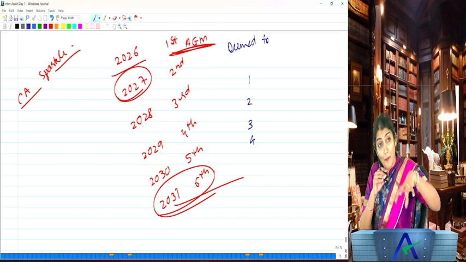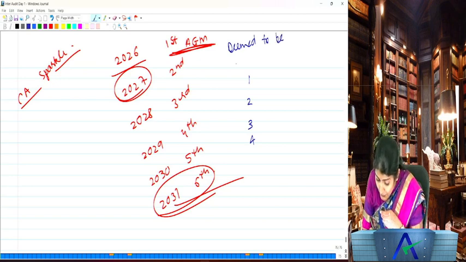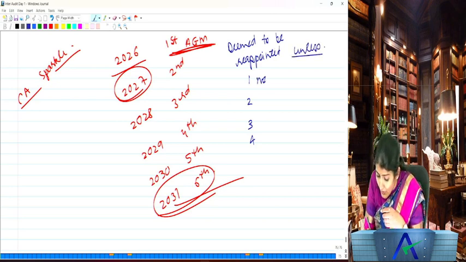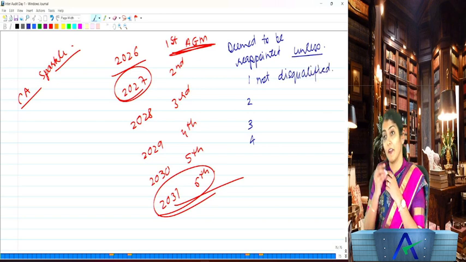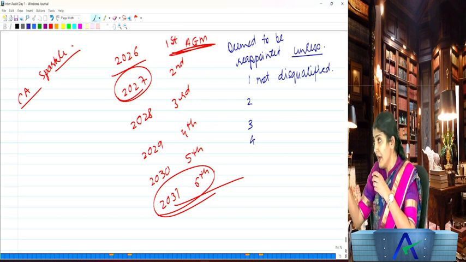Similarly, there is automatic appointment by the company law. What does it say? Deemed to be reappointed as an auditor of the company unless what? He is not disqualified for appointment. So if he is disqualified, then obviously he cannot be deemed to be reappointed, right?